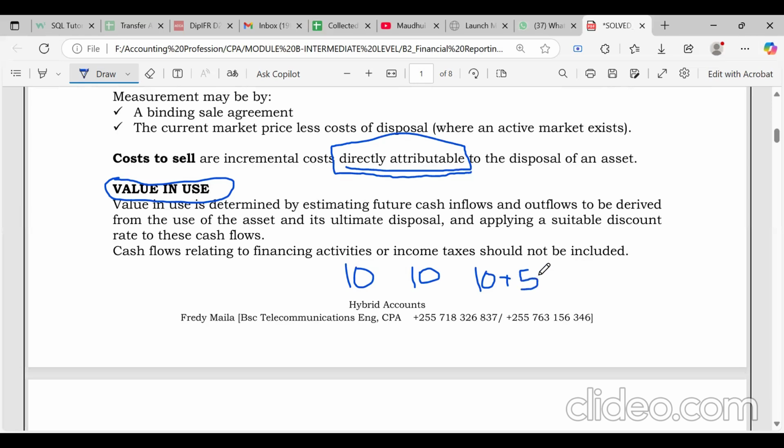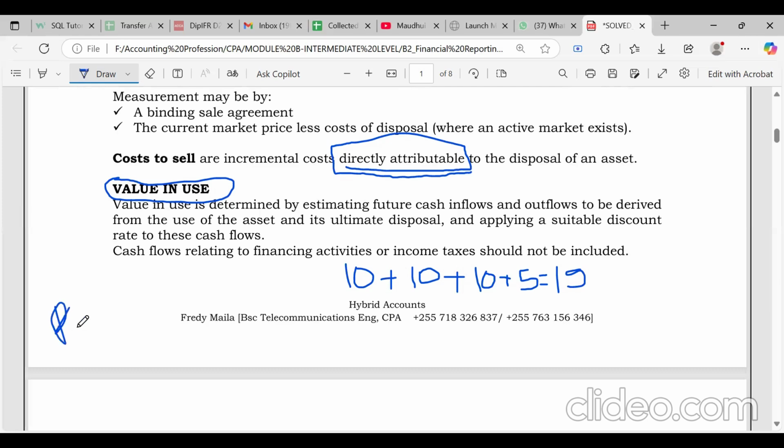So you can say at the end of the third year, I'm going to get a total of 15, right? So what you do, you add all your cash flows for the first year, for the second year, and for the third year, which is 15. While you do remember to discount them to their present value.